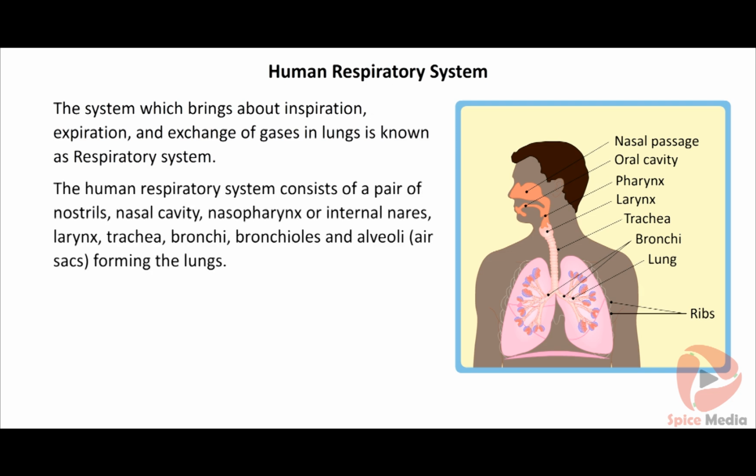The human respiratory system consists of a pair of nostrils, nasal cavity, nasopharynx or internal nares, larynx, trachea, bronchi, bronchioles, and alveoli or air sacs forming the lungs.